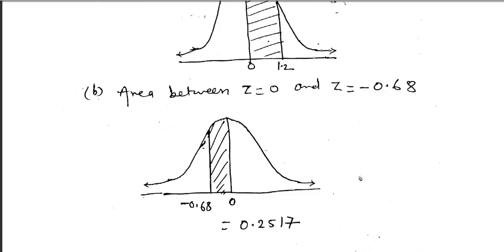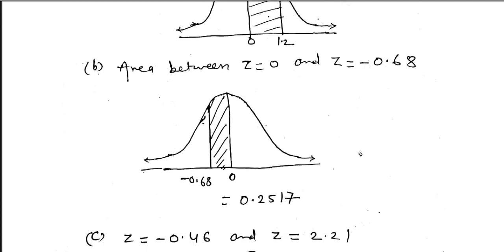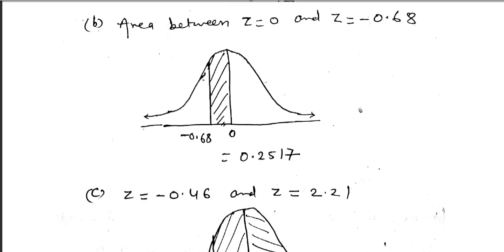This is the second. Area between z is equal to 0 and z is equal to minus 0.68. So the normal curve can be drawn in this form, where z varies from 0 to minus 0.68. Now look here, the curve is symmetrical.